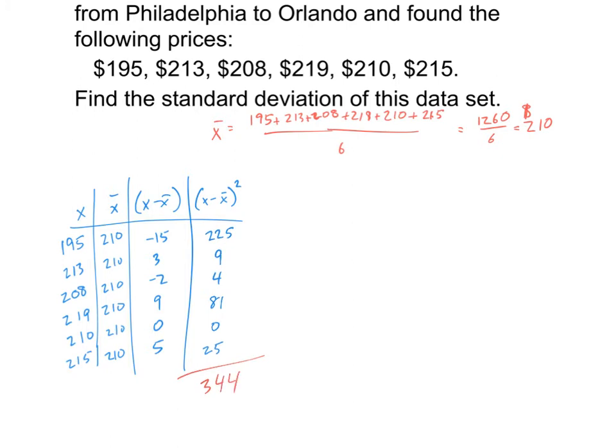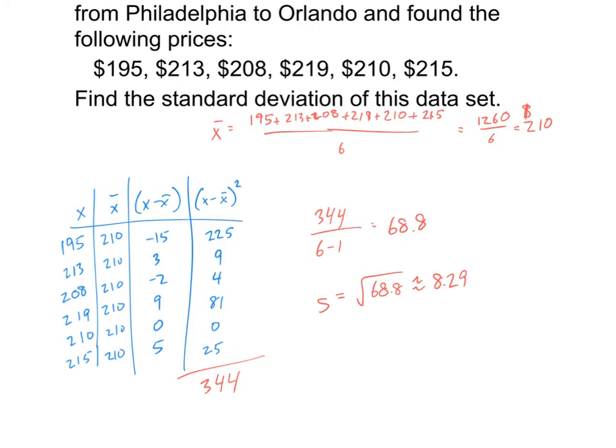And then that 344 gets divided by n minus 1. 6 minus 1 is 5. 344 divided by 5 is 68.8. So our standard deviation is the square root of 68.8, which is approximately 8.29.